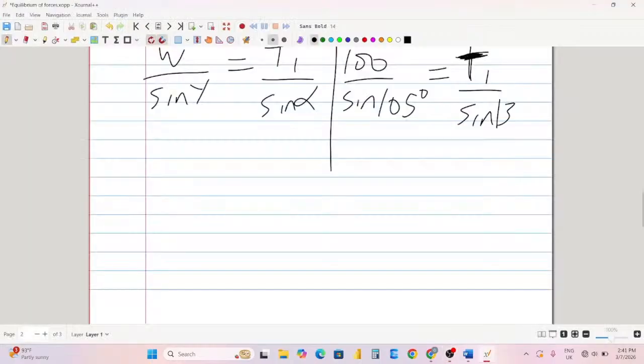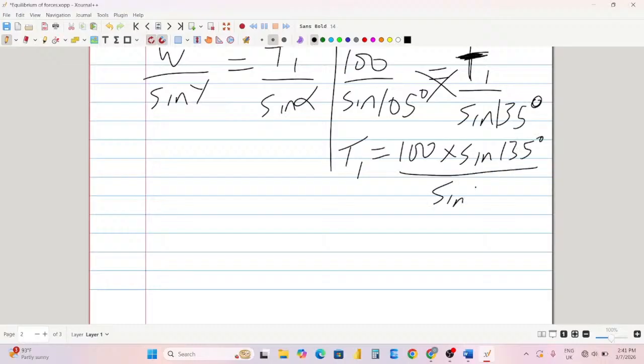So sine 135 degree. We cross multiply, T1 will be 100 times sine 135 degree divided by sine 5 degree. So that's our T1.